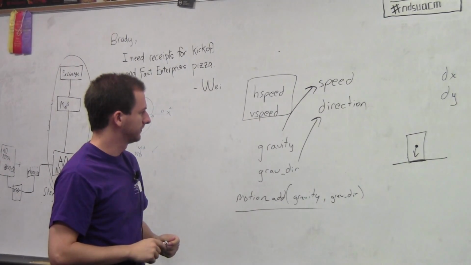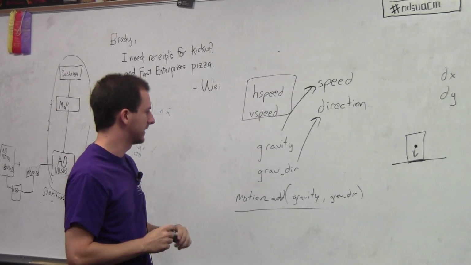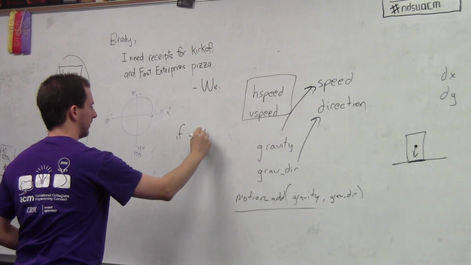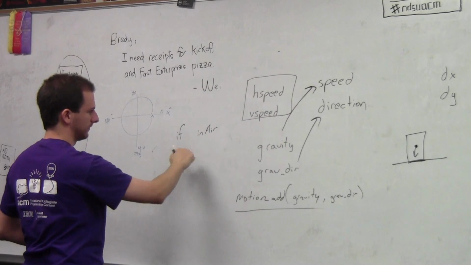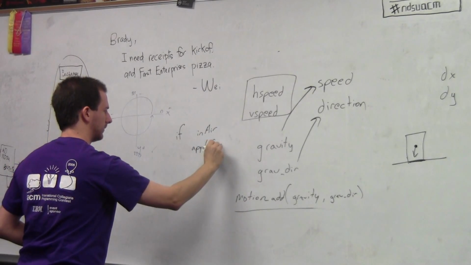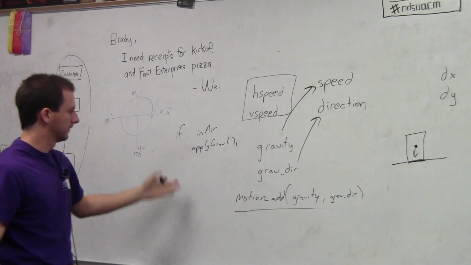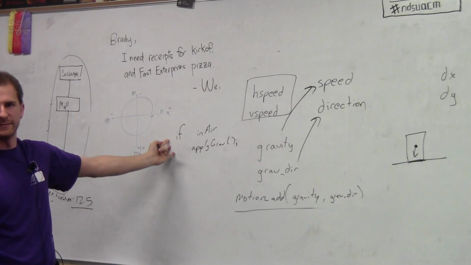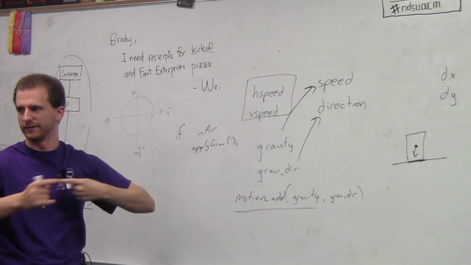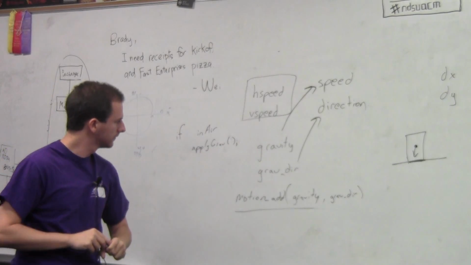It's kind of wonky when instead you could just say, if in air, apply gravity. I mean, that seems to make a lot more sense than sitting here and changing one variable due to certain events.